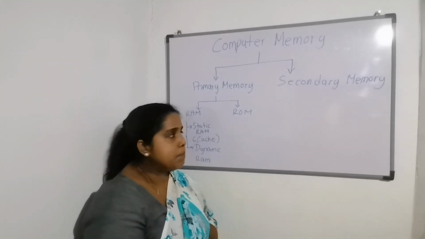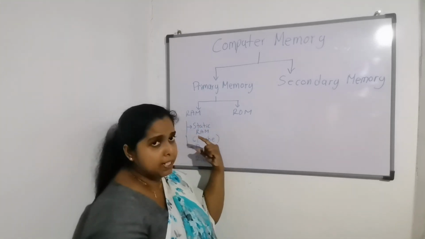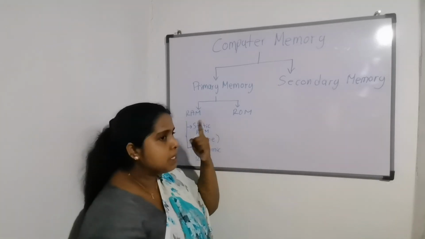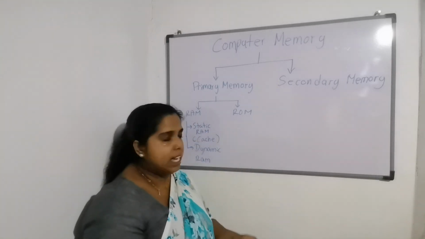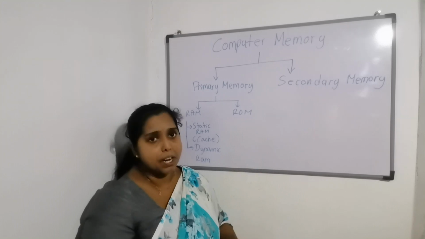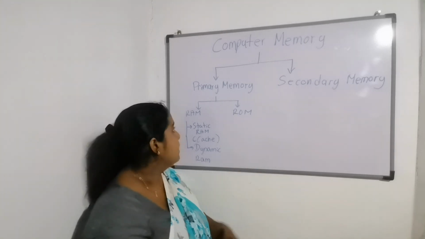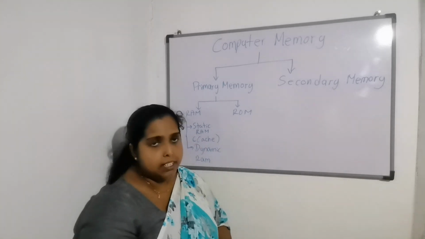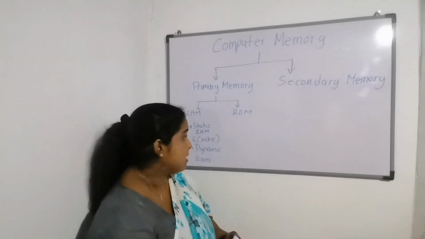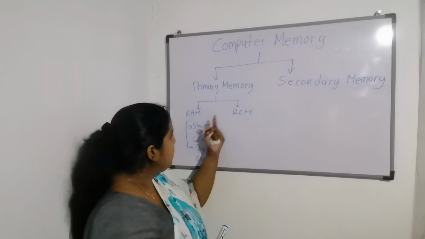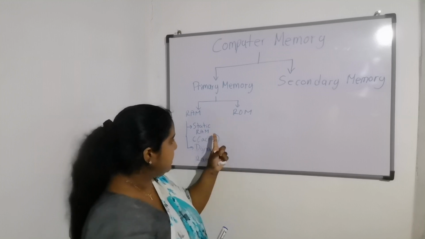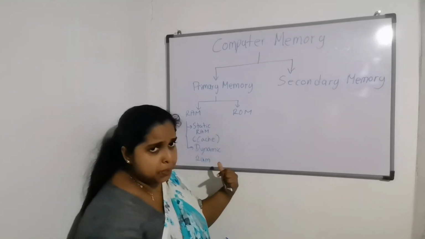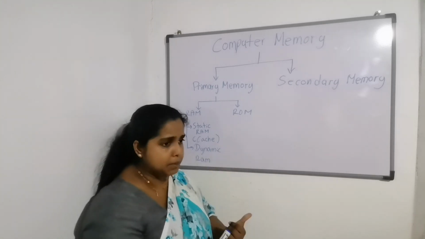So if we compare random access memory and read-only memory, random access memory is a volatile type and read-only memory is non-volatile type. In random access memory, when power is not there, the data will be erased. That's the nature. Static RAM is the cache memory.